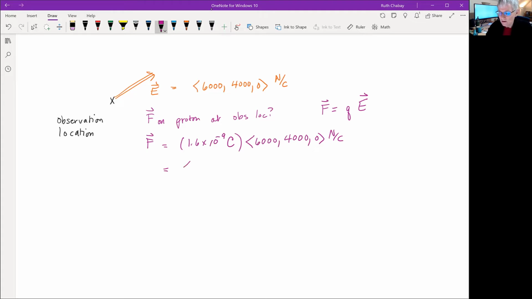And we'd get a force of 9.6 times 10 to the negative 16, 6.4 times 10 to the negative 16, 0 newtons.